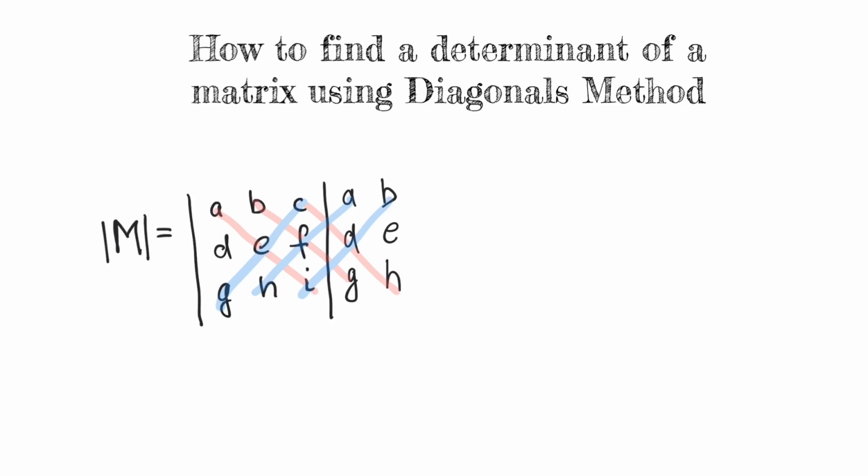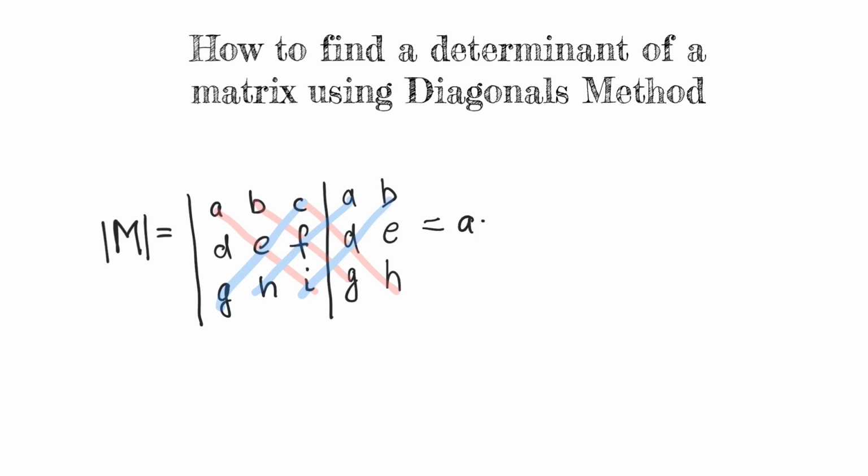And what we do is we multiply each diagonal, every term in each diagonal, and we add them together to get our final answer. Now with matrix M in particular, this is going to look like this.